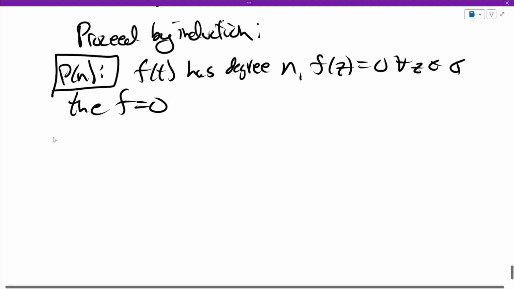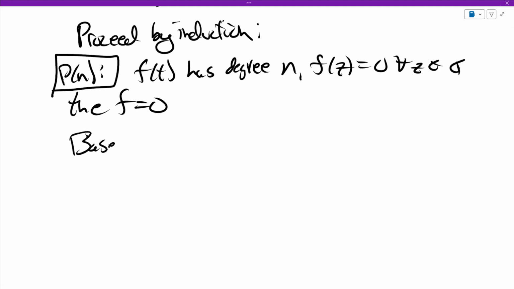Let's prove it. So the base case, and I'm not sure if I need both 0 and 1, so let me just do both 0 and 1. So P of 0, well, the only functions of degree 0 are constant polynomials. And the only constant which is the 0 function is 0. So this is fine.